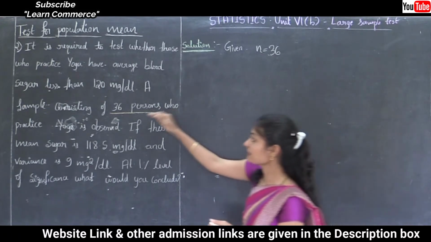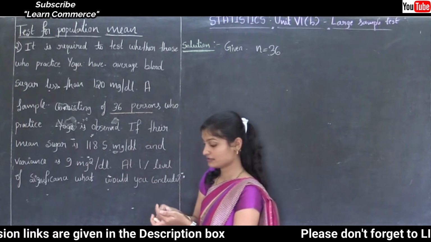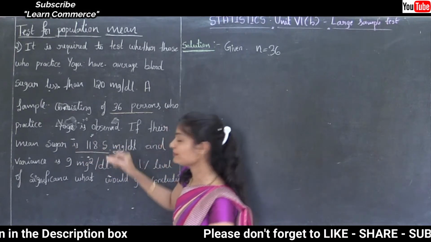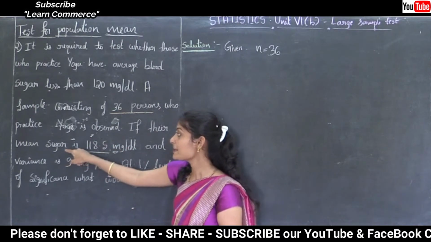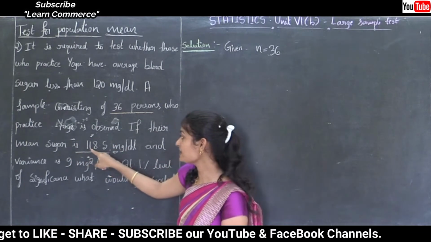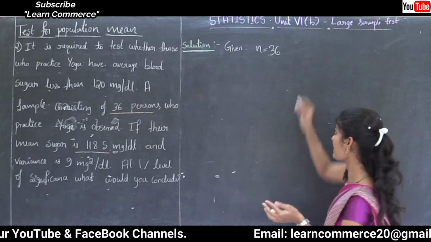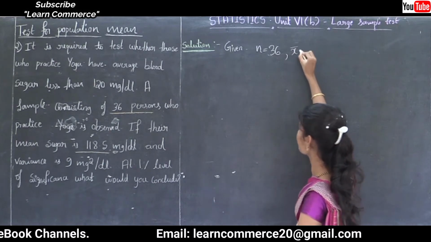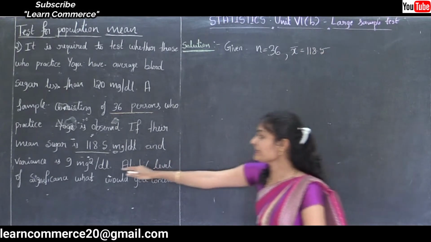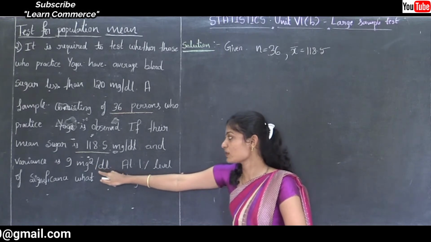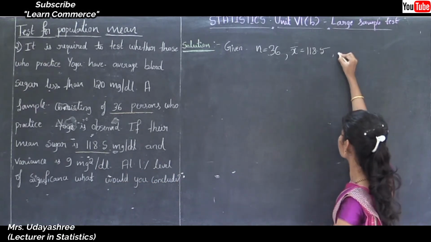And here it is given, their mean sugar is 118.5. Their mean sugar means this is the sample mean, so sample mean is 118.5, and sample mean is denoted by x bar. And variance is 9 mg square per dl, and sample variance is denoted by s square.